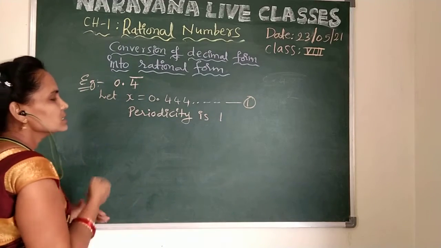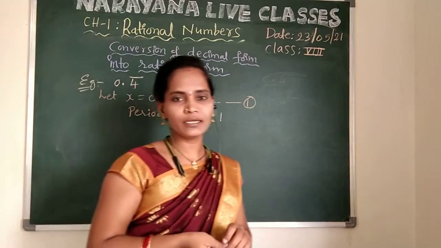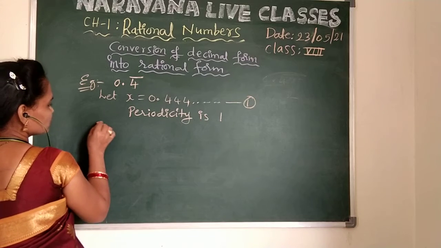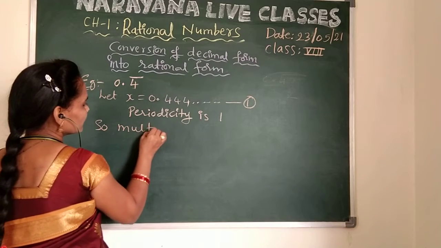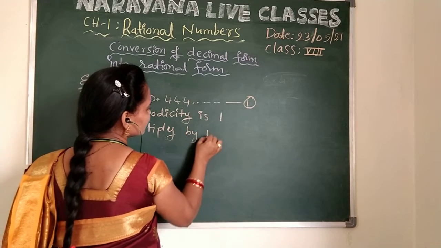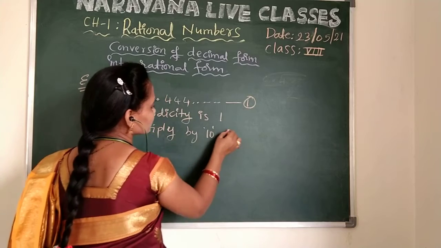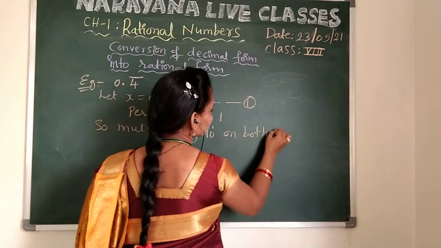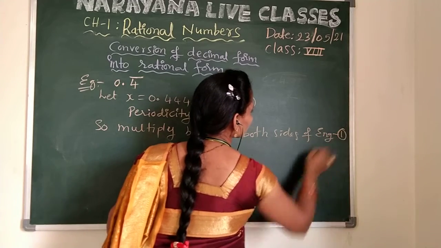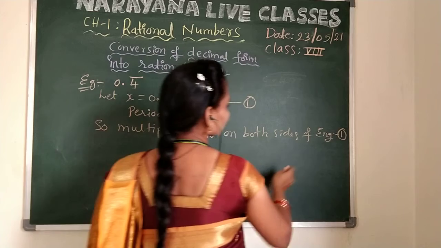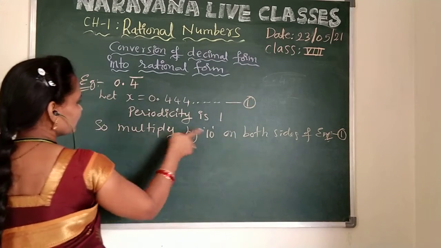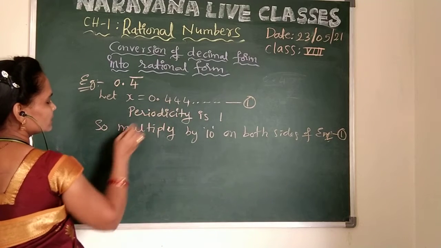Whenever periodicity is 1, we should multiply equation 1 by 10 on both sides, left-hand side and right-hand side.